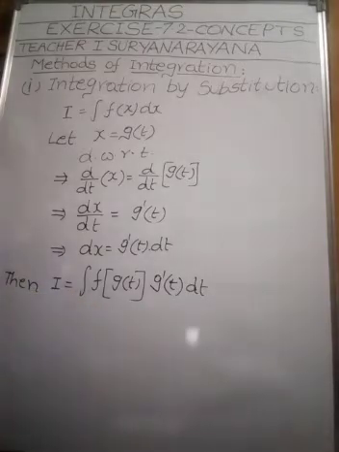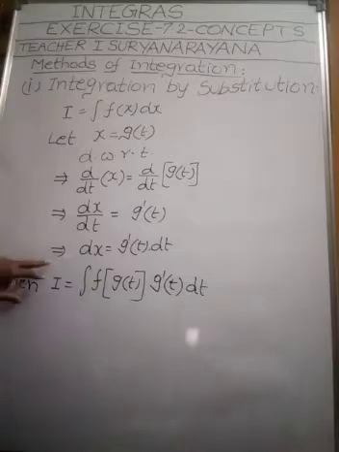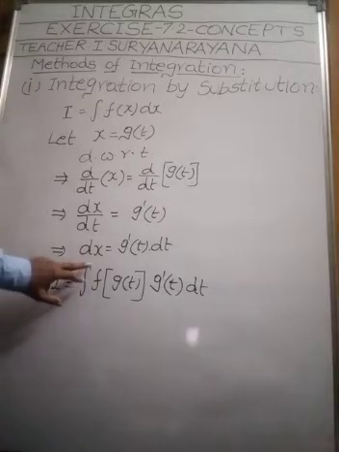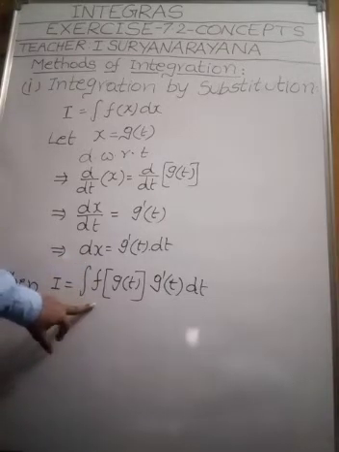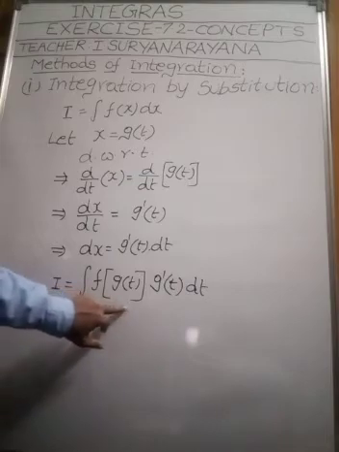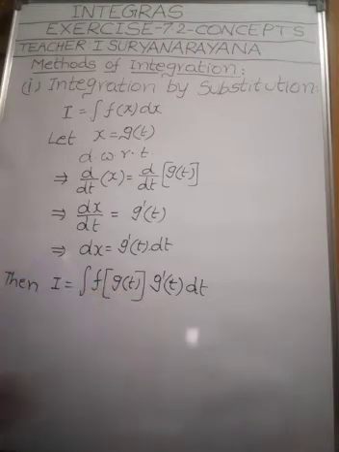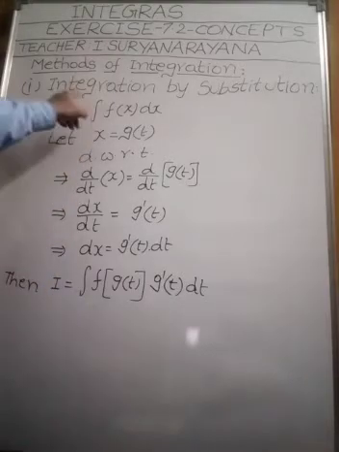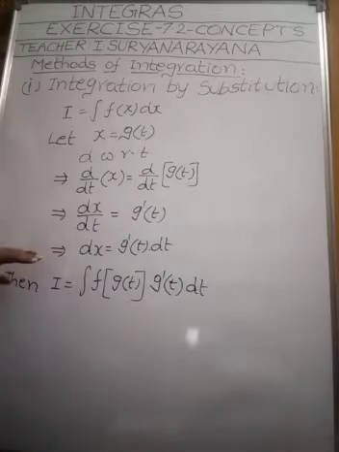Okay, my children, this change of variable formula is one of the important tools available to us in the name of integration by substitution. This is one of the methods to find the integral of a given function.